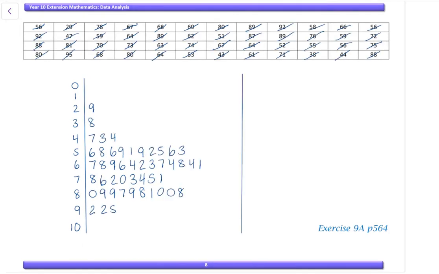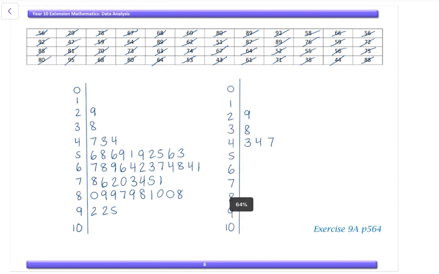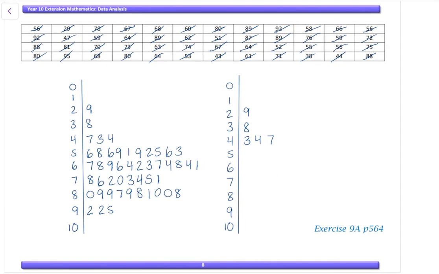Okay, so that's done, but a stem and leaf plot always has to be in order. So once you complete that first one, you then need to order your data. So go through and put the data in order. Again, I recommend crossing off data as you do it so you'll know if you accidentally miss something.